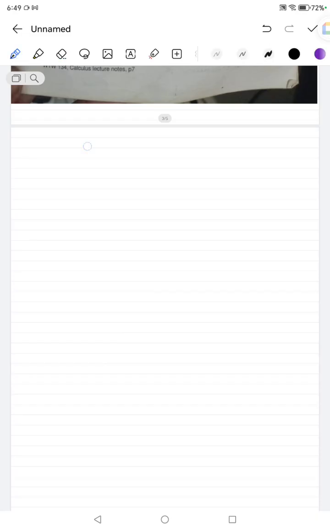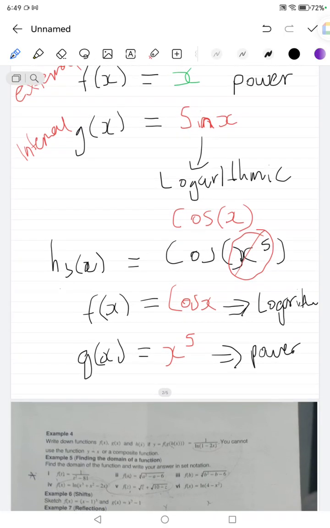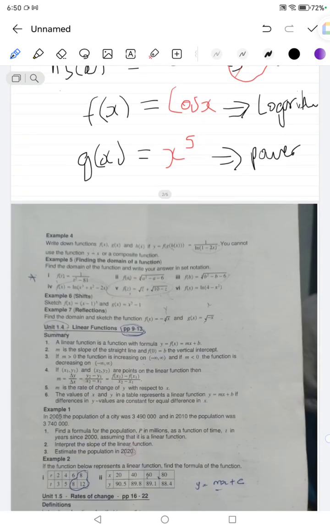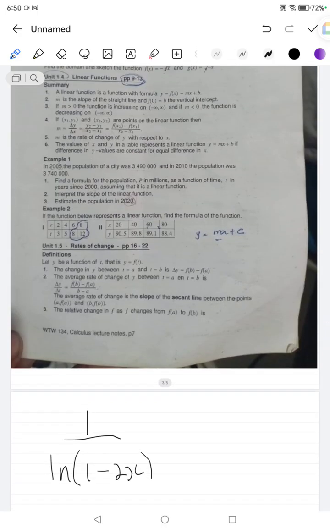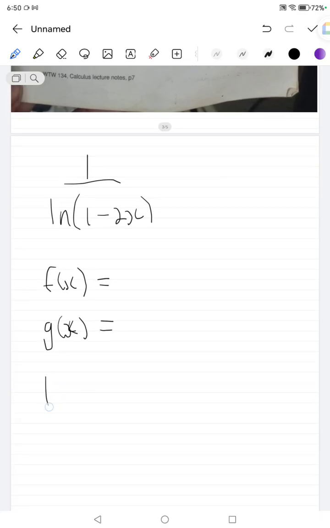I have something like 1 over ln of 1 minus 2x. Then they require us to find f of x, g of x, and h of x.